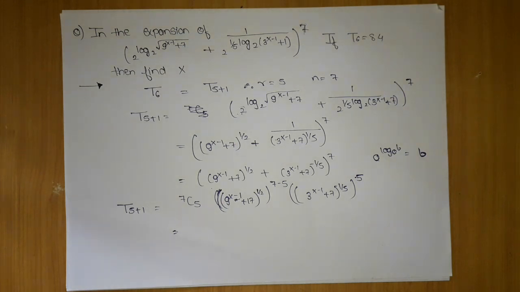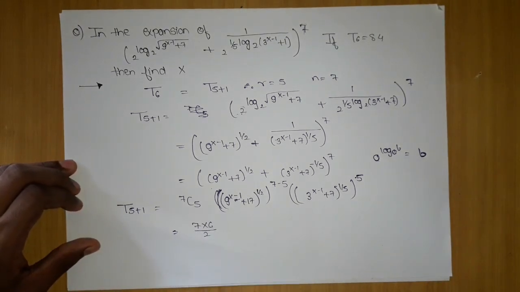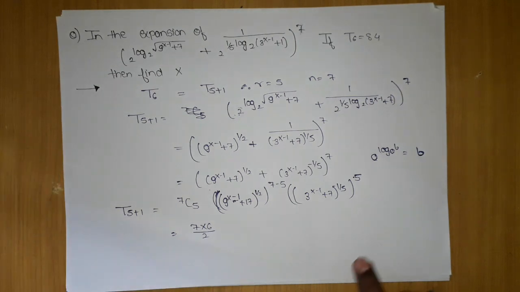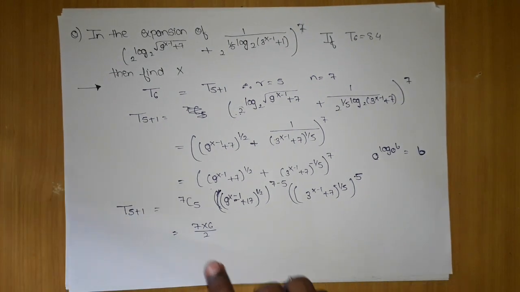What is this 7c5? Let me calculate, I'm trying to calculate in mind. Okay, I know 7 into 6 by 2 will be there, and the rest 5 will cancel out. So I know this thing.